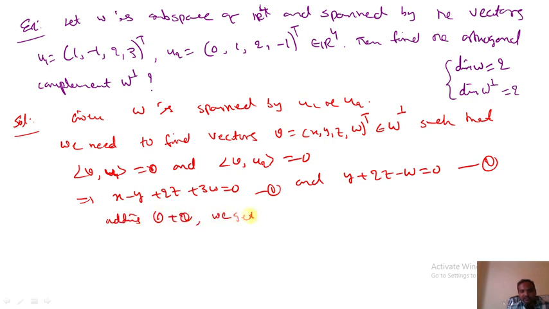What do we get? When we add, y cancels, and we get 2x plus 4z equal to 2w. That means x equals w minus 2z, or minus 4z minus w. Now there are two free variables.